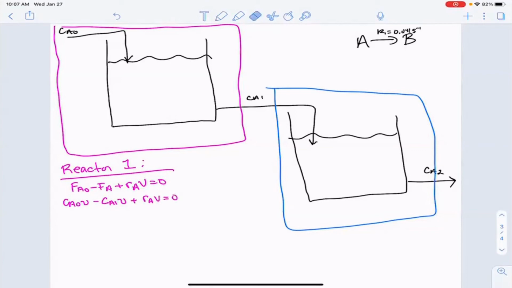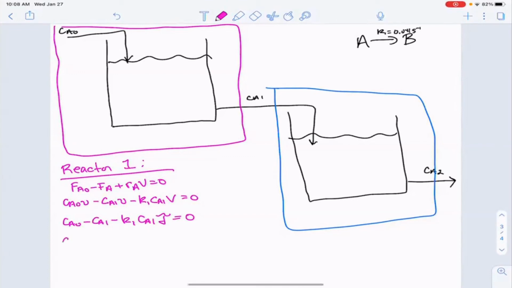And of course, RAV is just equal to our rate law. So that's minus K1 times CA1 times V, and that's equal to 0. And CA0 minus CA1 minus K1 times CA1 times tau equals 0.